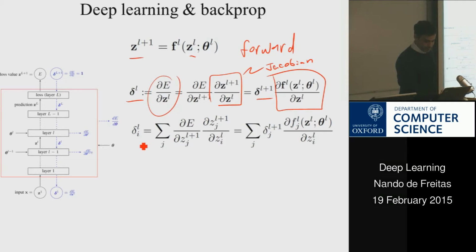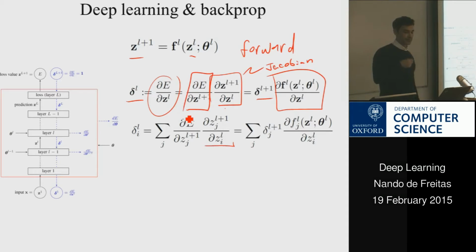And I'm purposely writing it here so that this is essentially a matrix times a vector. And the derivative of the loss is a vector because the loss is a scalar. So it's one single output with respect to several inputs. So we have a vector multiplying a matrix.